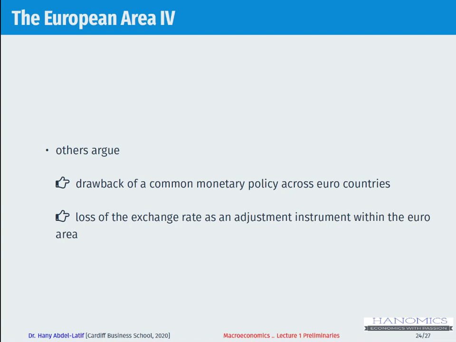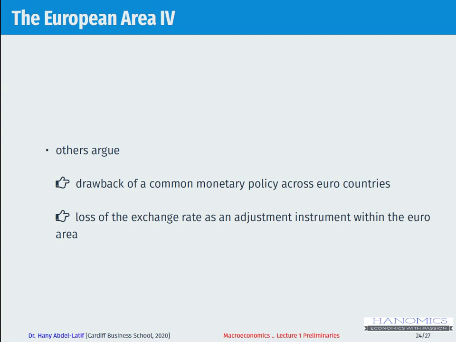Obviously, when you have your own currency, the exchange rate itself could be used as an adjusting mechanism. And this is something we will discuss again when we talk about monetary policy. But being part of the euro area doesn't give you that.